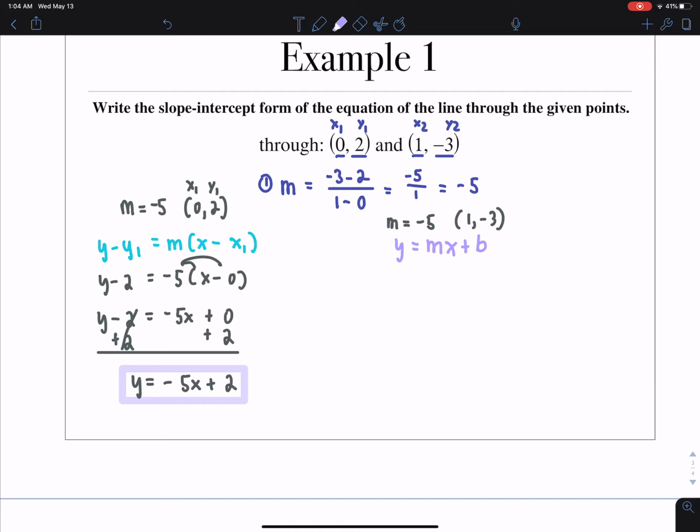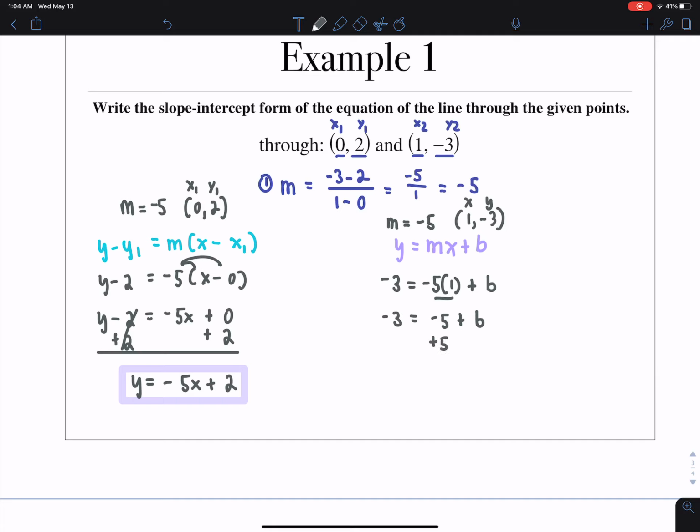Okay, so method number 2 then, slope-intercept form. So in this case, again, we have m is -5, and we have x and y over here. So filling in y, we'd have -3 equals our slope, which is -5 times 1 plus b. So in slope-intercept form, we have to multiply these together. We get -5.